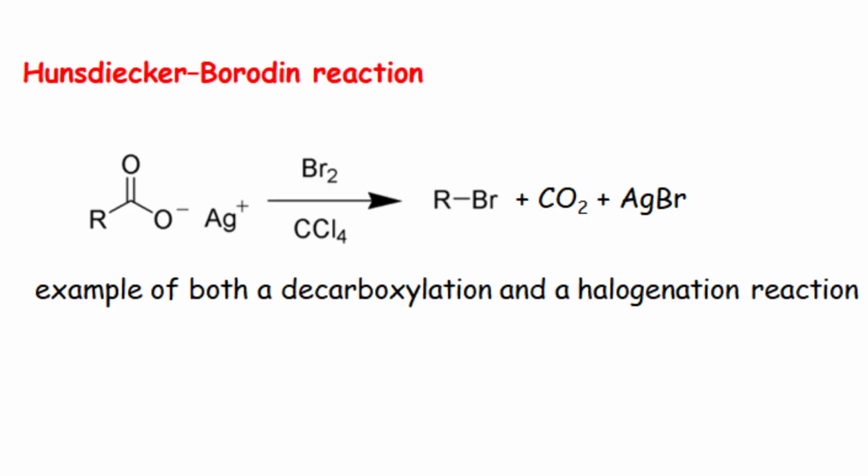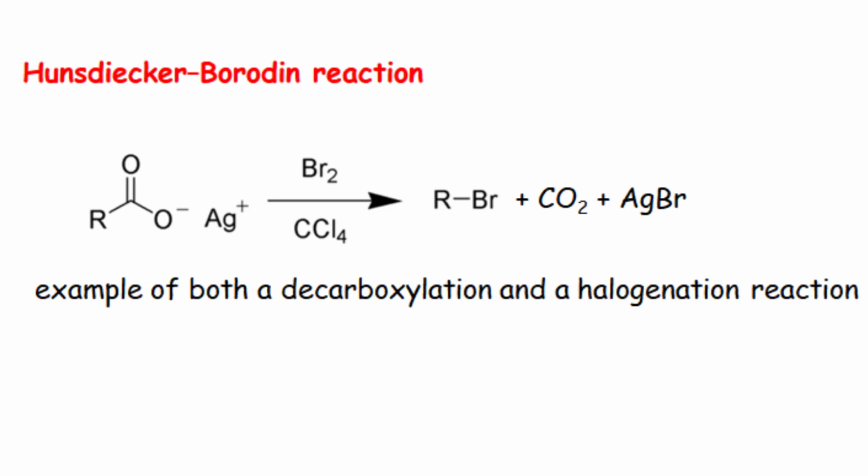The next way to synthesize your alkyl halide is Borodin-Hunsdiecker reaction, or more commonly Hunsdiecker reaction. This is strictly not a NEET syllabus, but it has come in JEE Main, so it is good for you to just look at it at a glance. Now here is the given reaction of Hunsdiecker reaction. If you see here, you have your silver salt of carboxylic acid treated with Br2 and CCl4, you get the corresponding RBr plus CO2 plus AgBr.